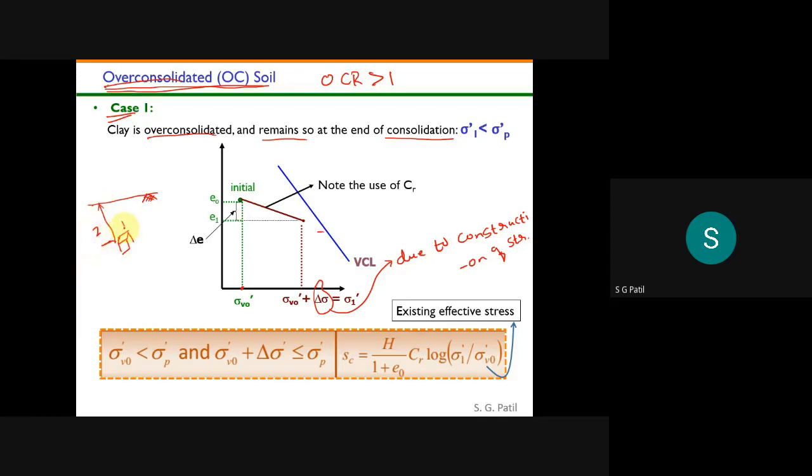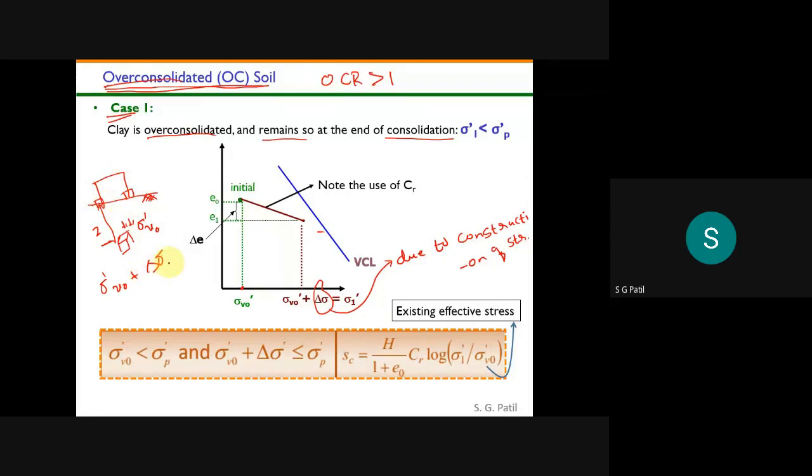This is my sigma V naught dash. After construction of my structure, I still do not reach my pre-consolidation stress. Both together, my sigma V naught dash and my delta sigma, give sigma V naught dash plus delta sigma Z, which is due to my structure.